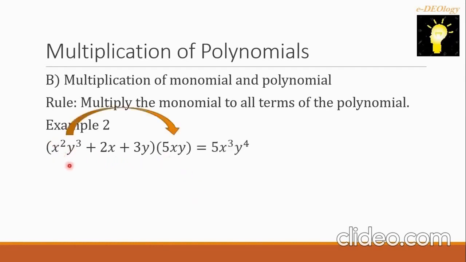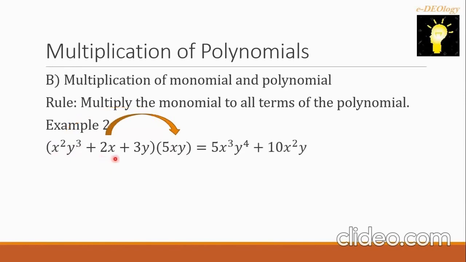Let's start with the x squared y cubed times 5xy. We will get the 5x cubed y raised to 4. As we see here, the x squared with the x with exponent 1 will get x cubed. With the y cubed multiplied to the y with power 1, we'll have the y raised to 4.